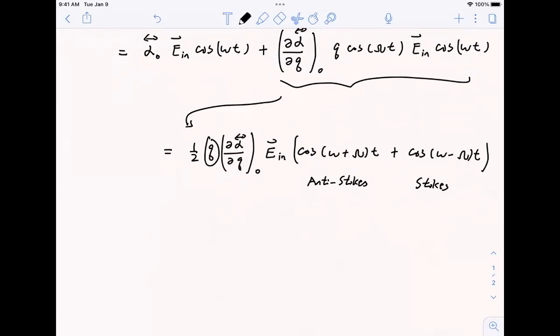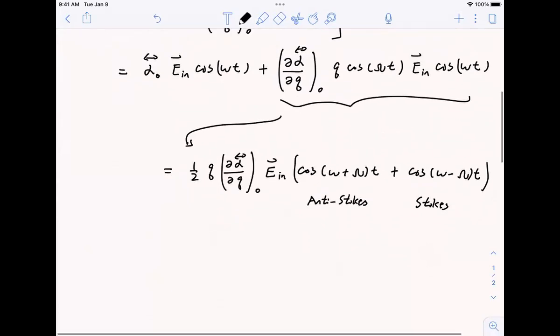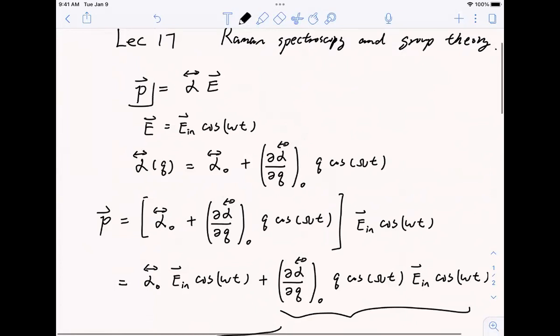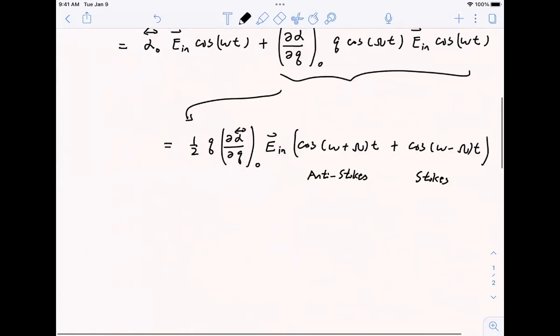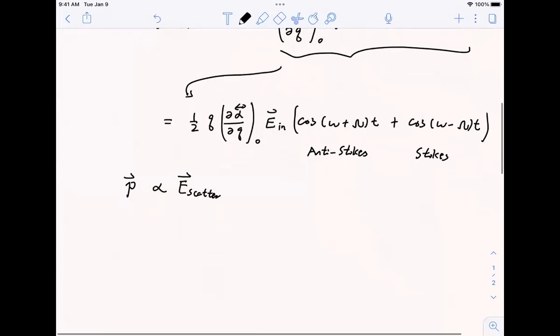You can include the Q or not include the Q. I don't think it matters too much. This Q basically denotes the magnitude of the oscillation. So this P is proportional to the scattered electric field, so the detection.